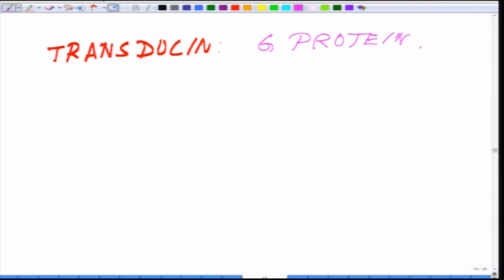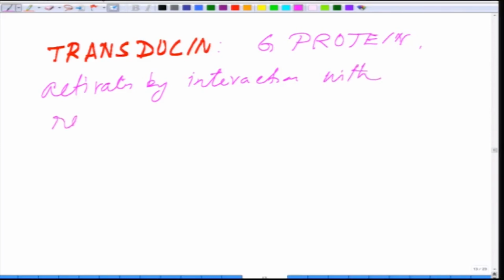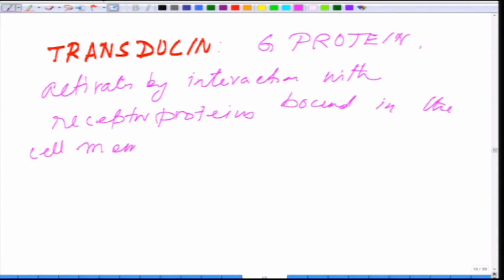A G protein is a membrane bound enzyme, and it is activated by interaction with receptor proteins bound in the cell membrane.